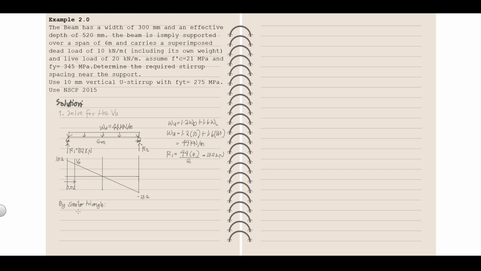By similar triangle, we can say 132 is to 3, so this distance is 3 meters, is equal to VU all over 3 minus 0.52, that is 2.48.